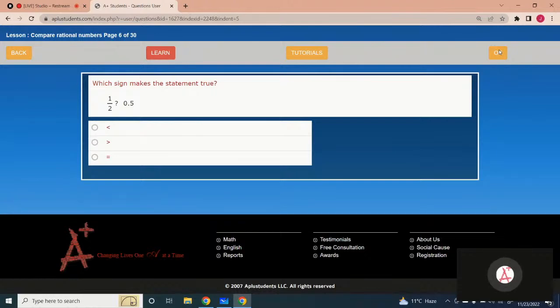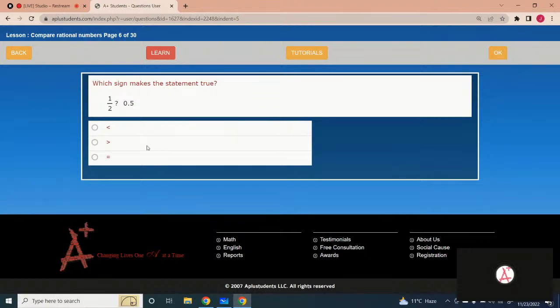Okay, 1 by 2 and 0.5. Are they greater, equal or less? So 1 by 2 is equal.